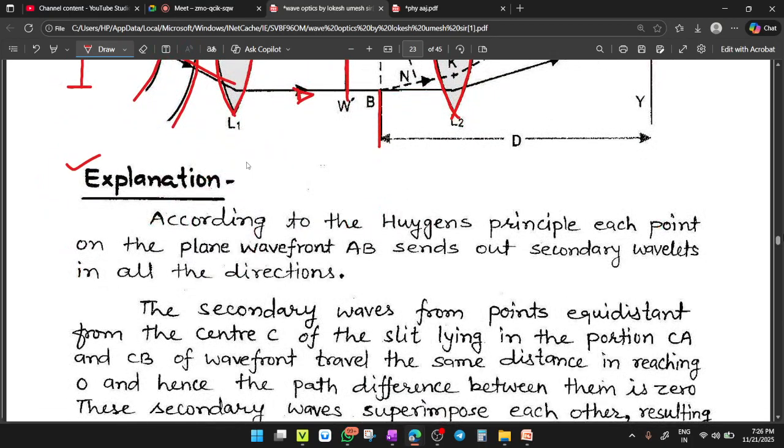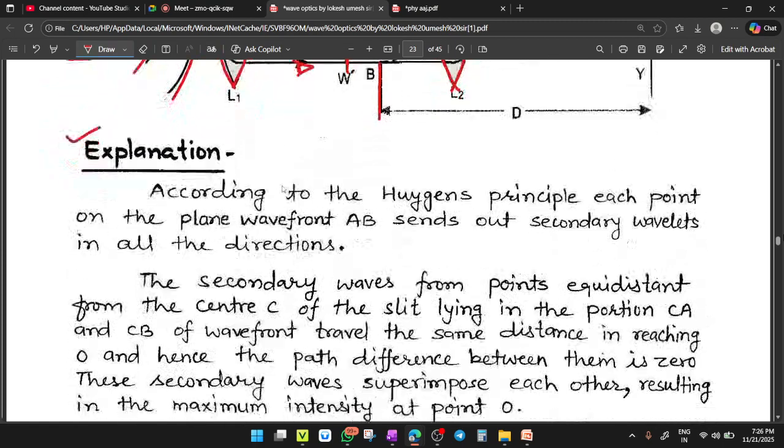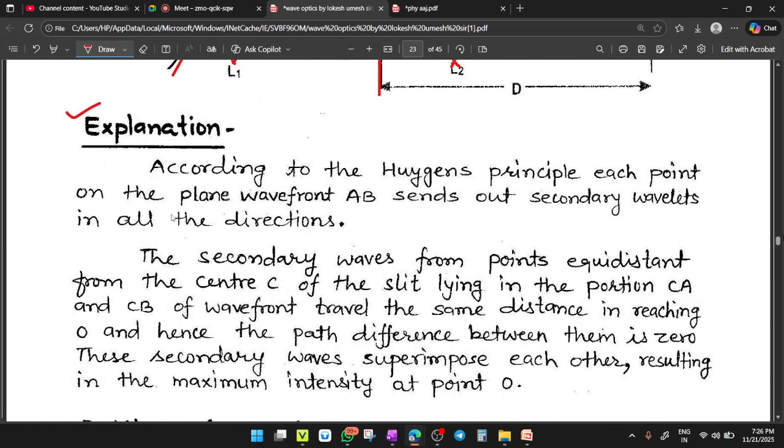Okay, let us see how this happens. According to the Huygens principle, each point on the plane wavefront AB sends out secondary wavelets in all directions.